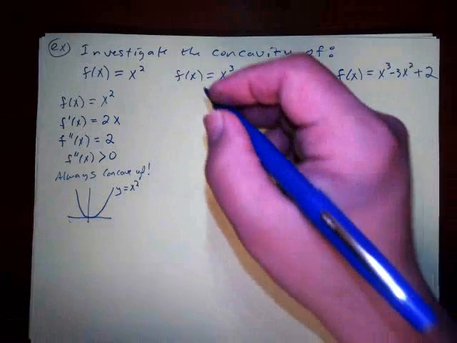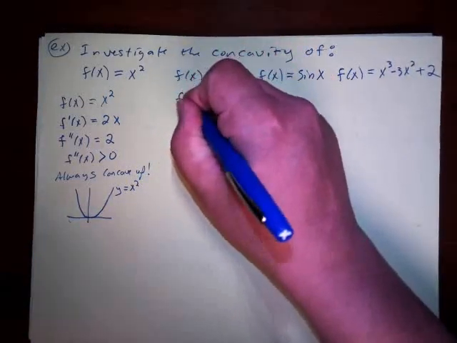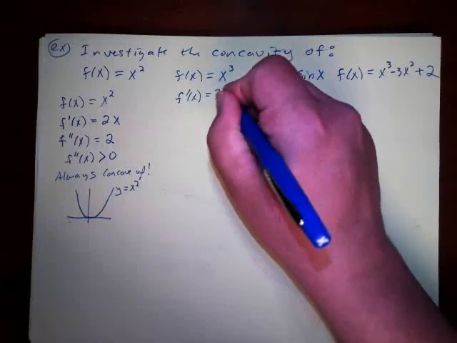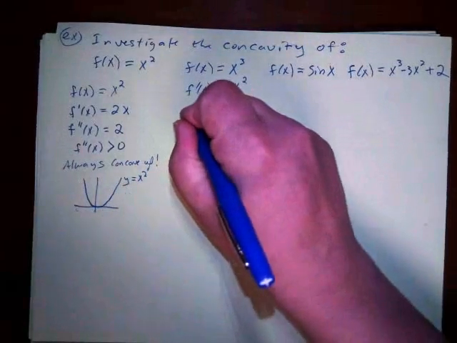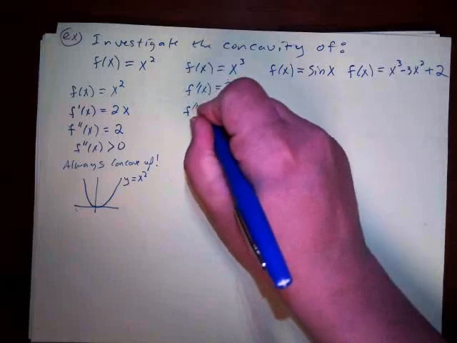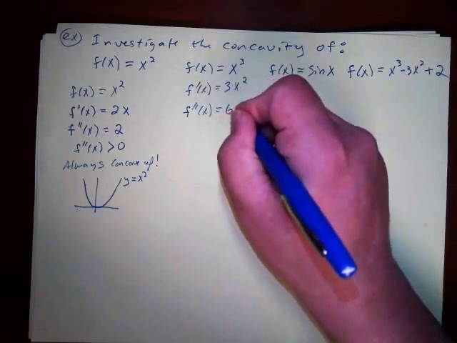Okay? So let's look at f of x equals x cubed. So f prime of x is going to be 3x squared. And then f double prime of x, the second derivative, bringing the 2 down, is going to be 6x.